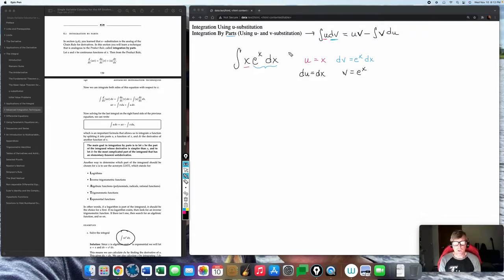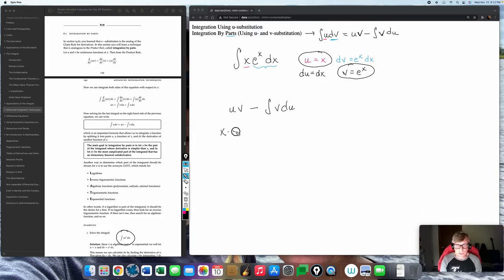Okay? So now what I'm going to write out for the answer is u times v. So I have to do this times this. So let me write out the answer. It's uv minus the integral of v times du. So what was u? It was x. What was v?